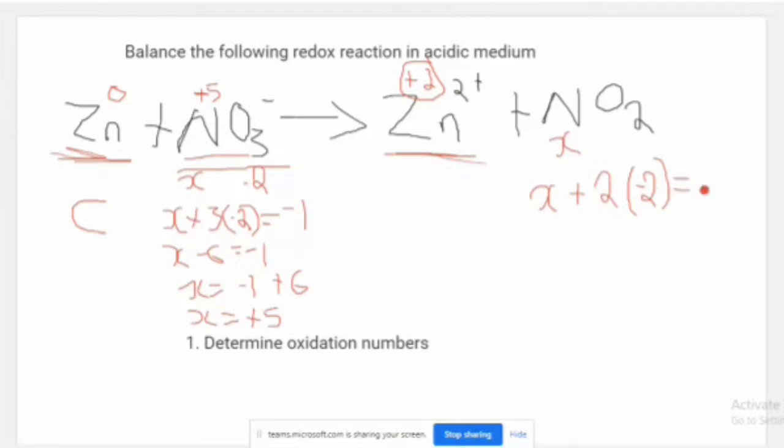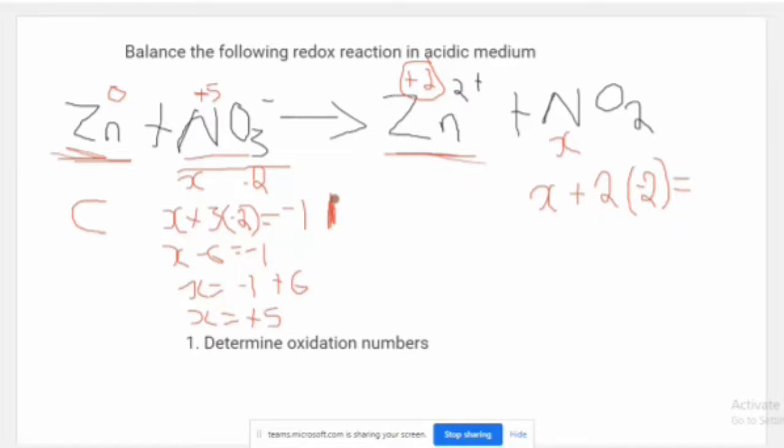So what is this going to be equal to? -1. Why -1? This is -4. Now look at this equation that we had here, the first one.